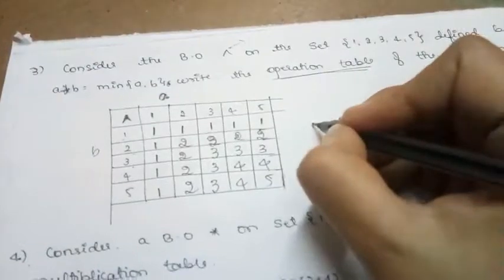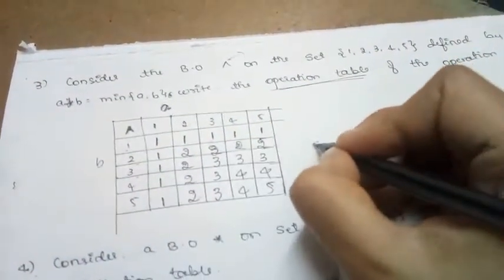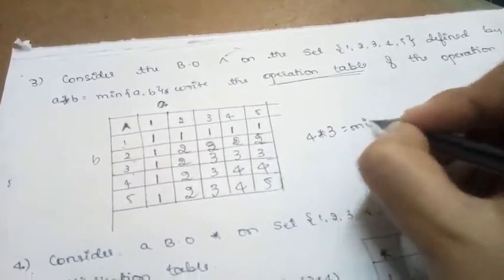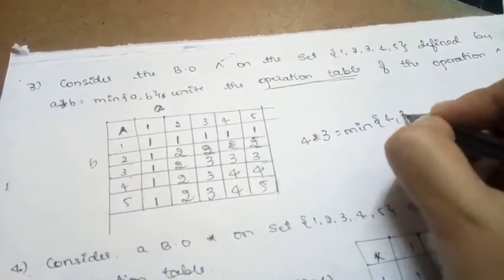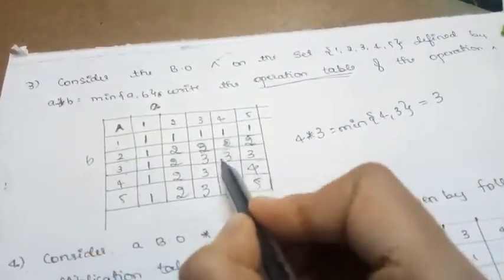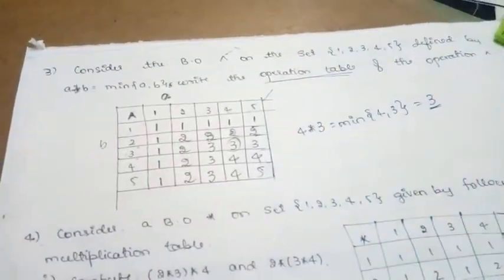So clearly the operation working here is, suppose I take 4 star 3, that implies minimum of 4 comma 3. What is the minimum of 4 comma 3? It is 3. So at this place we are going to get the value 3. This is how this part of the work is reduced if we use the operation table.